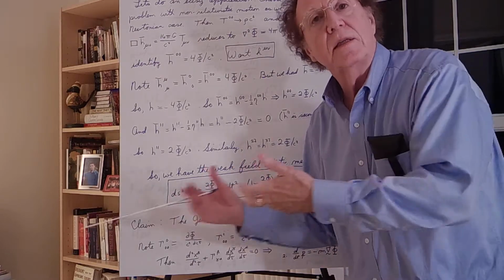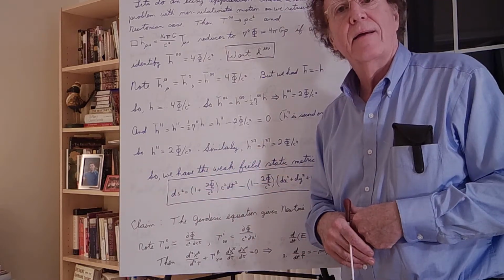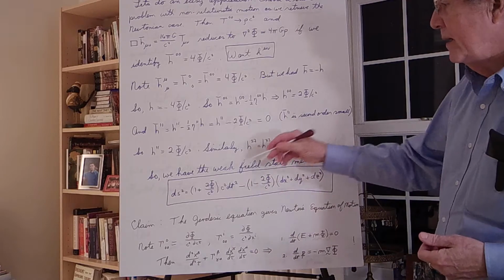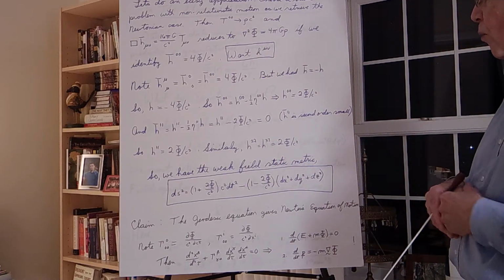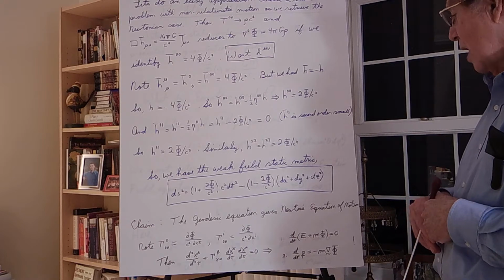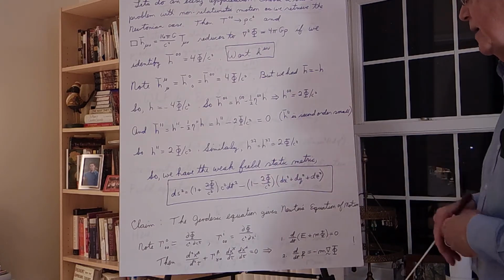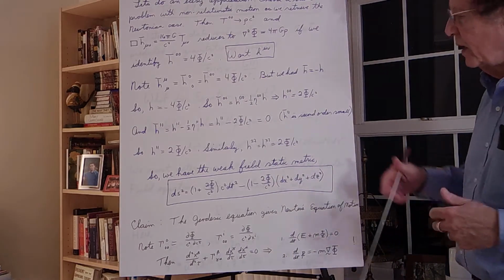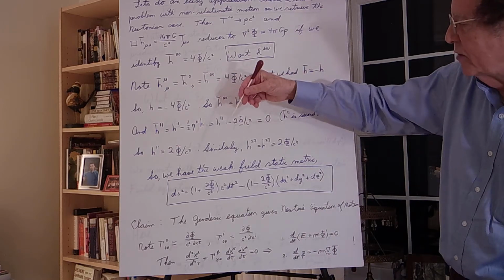Those things are done in your textbook. And this metric is correct to order 1 over c to the 4th. It's called an isotropic metric, and it's very useful. Now you might write this in a little more interesting fashion.